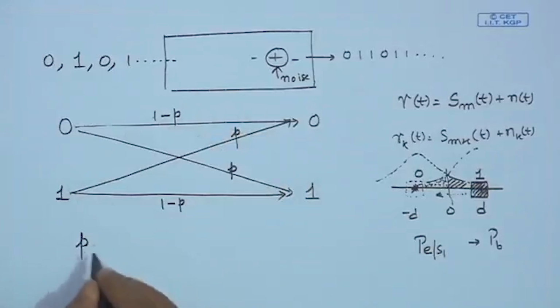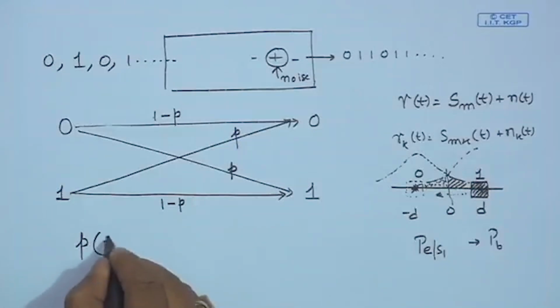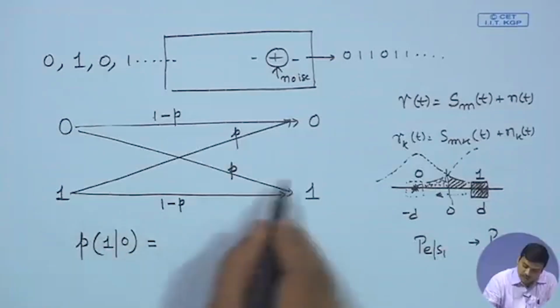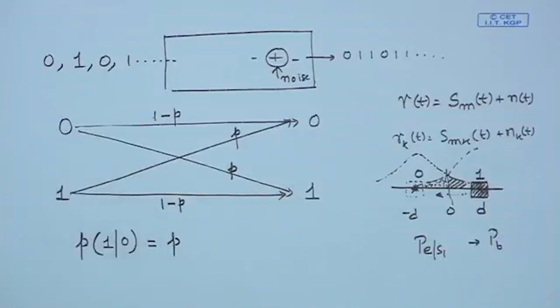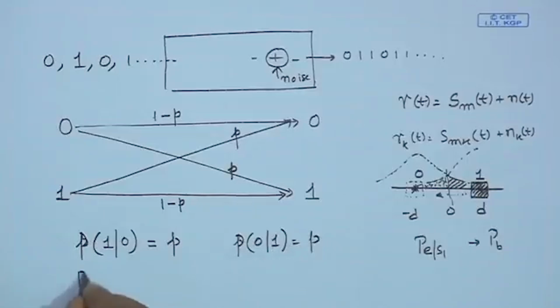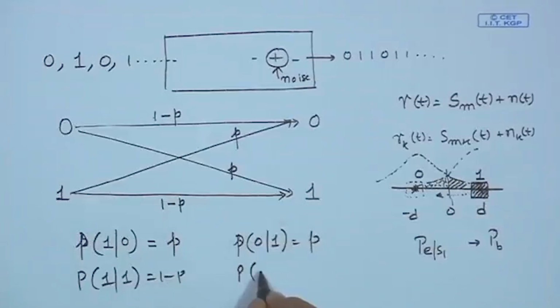The probability that I get a 1 when a 0 is transmitted is p, and the probability that I get a 0 when a 1 is transmitted is p. The probability that I get a 1 when a 1 is transmitted is 1 minus p, and the probability that I get a 0 when a 0 is transmitted is 1 minus p.